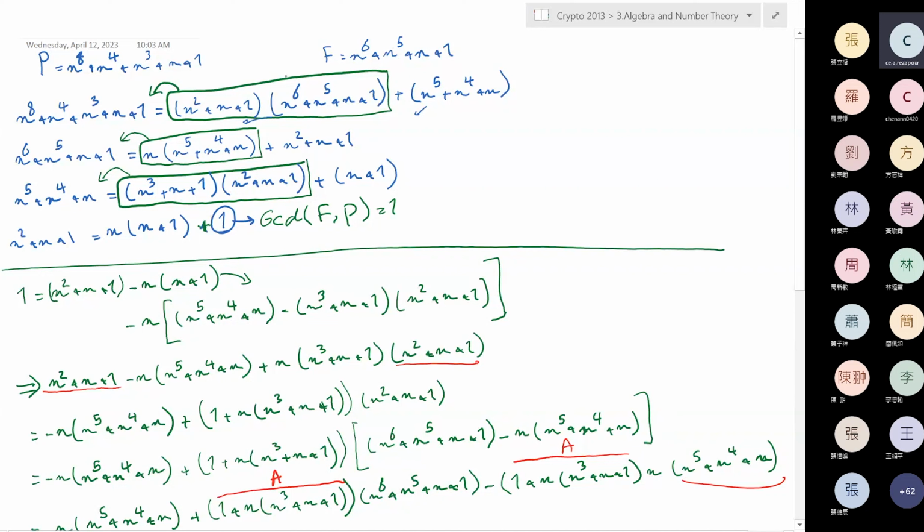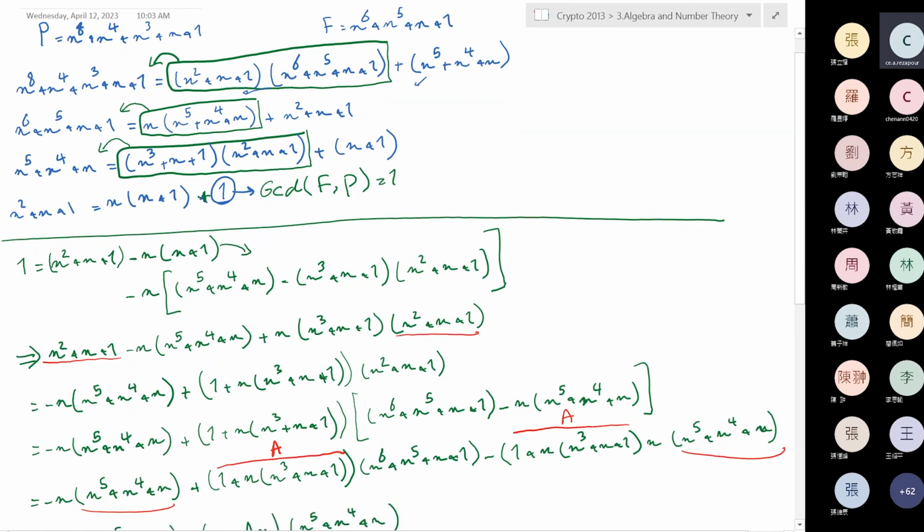We first tried to find their GCD, so we start by dividing them. We divide this P by this F, and according to its equation, we got this value and this remainder. And then we continue until we get the remainder to be 0. So we move this one here and this one over here as a quotient, and then we found x times this one plus this remainder equals this equation.